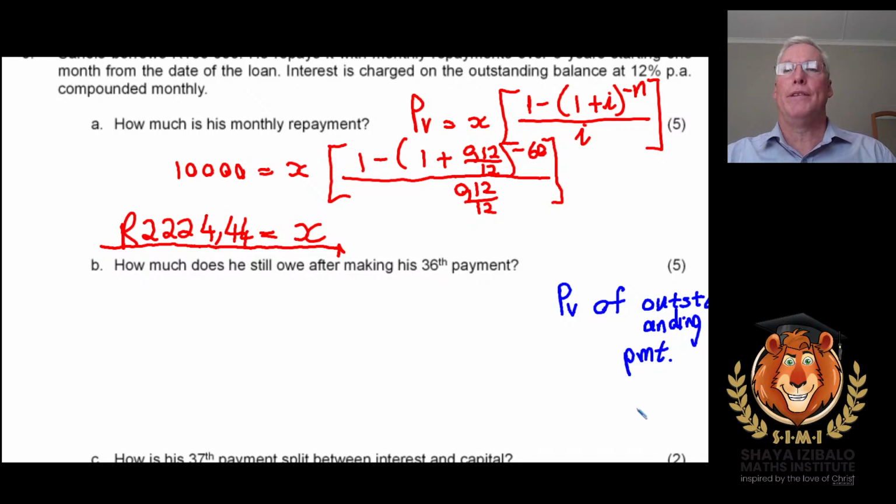If he's made 36, it would be the present value of 24 outstanding payments. That's simple to work out because we put our payment value in there, and our n would be 24. Unfortunately, that method doesn't always work.